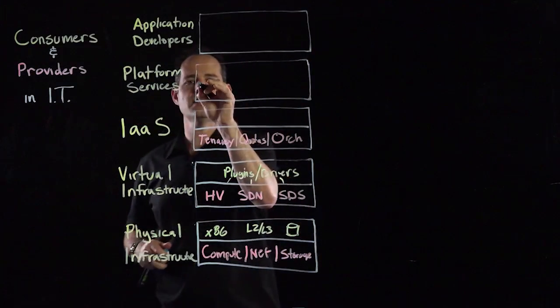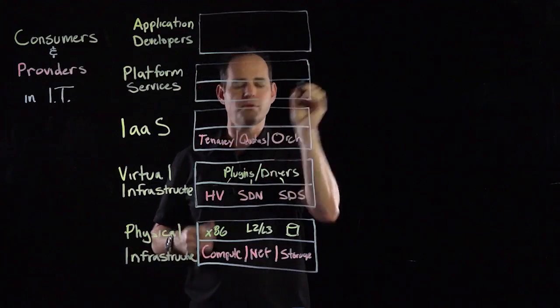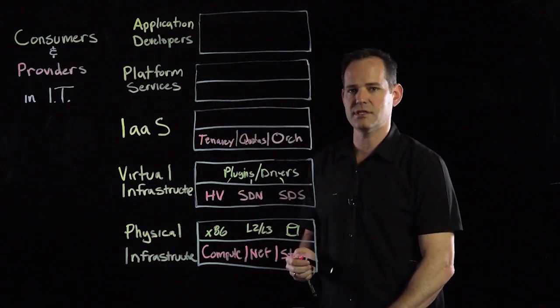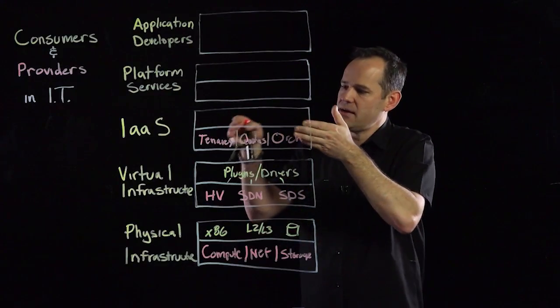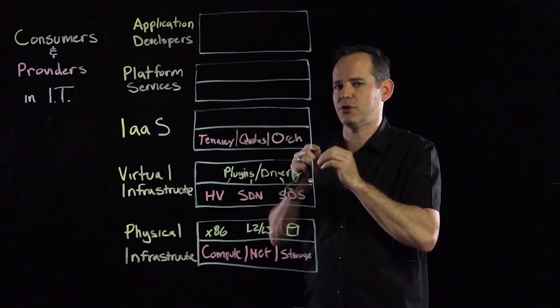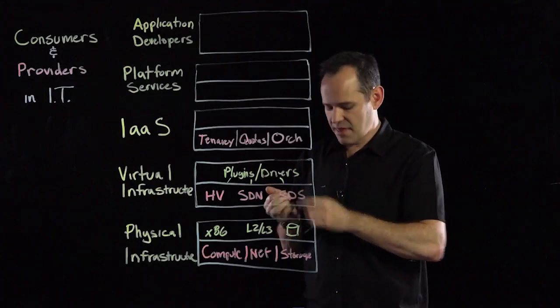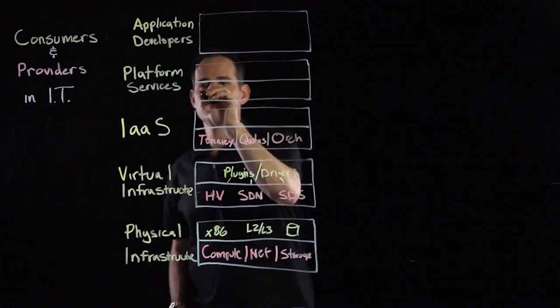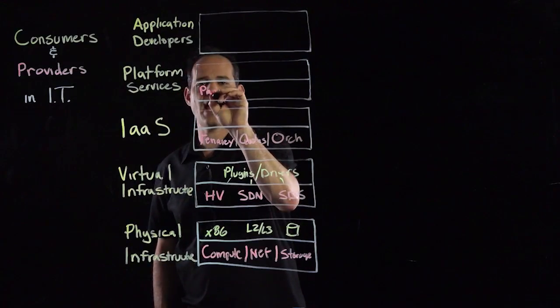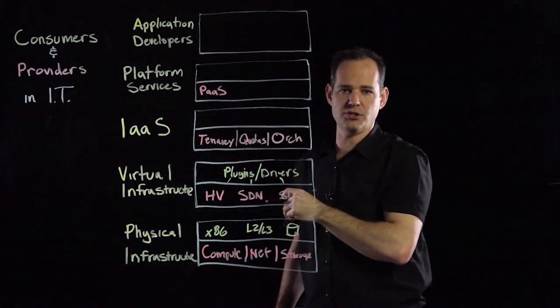If we look at the provider perspective of the platform services team, what are they doing? Well, they're going to take basic infrastructure building blocks and deploy them. Maybe they're deploying a full PaaS environment for their application developers.